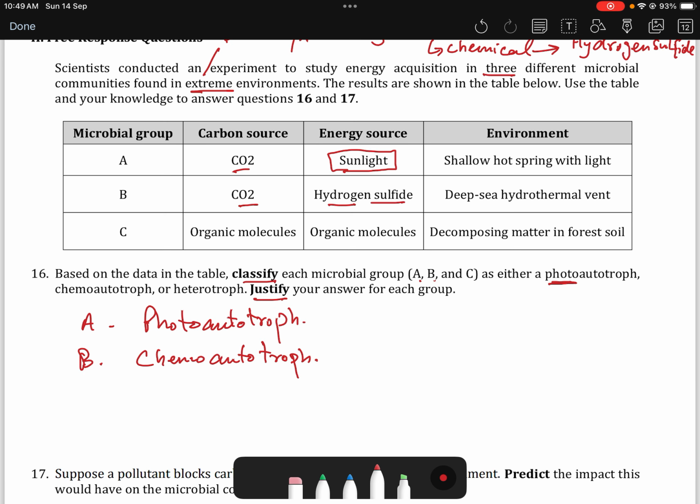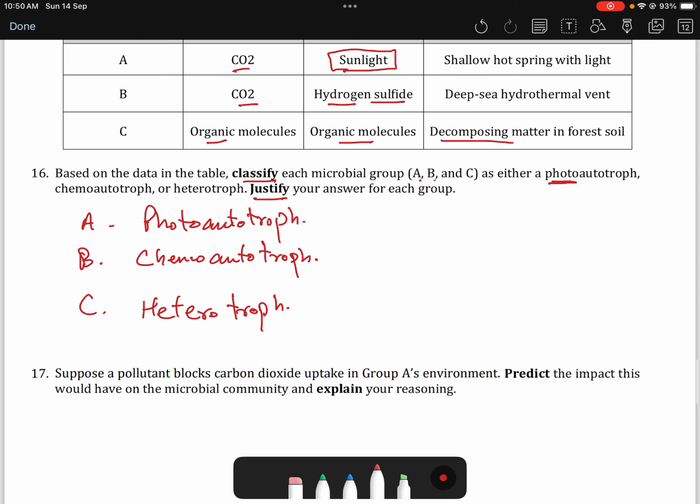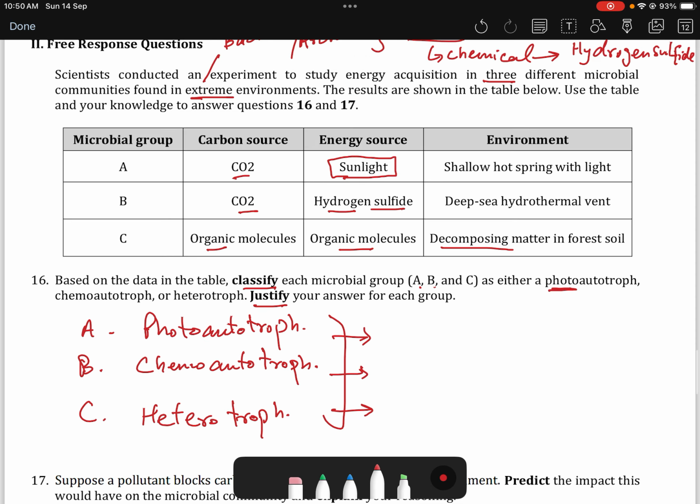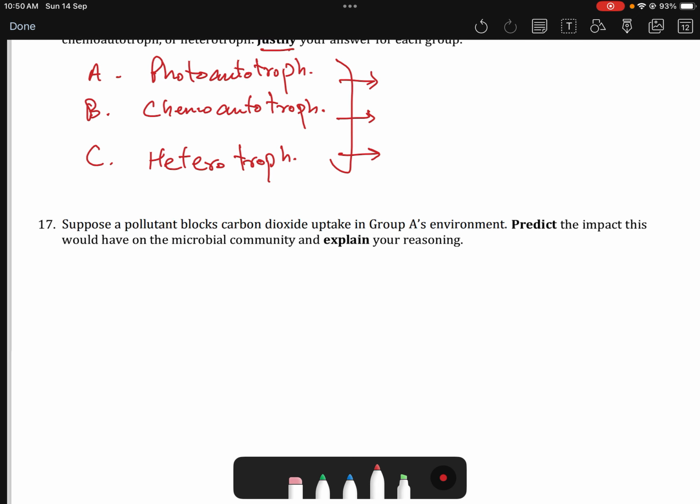C, the carbon source is organic molecules, energy source is organic molecules, and they do decomposition. So we can simply say they are heterotroph, because they obtain their energy from other organisms, decaying them. So you need to justify them more, okay? Use the table to justify them, or listen to what I said again.